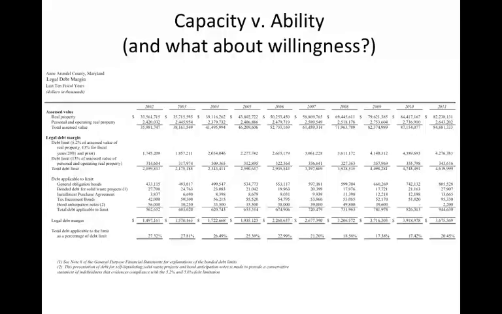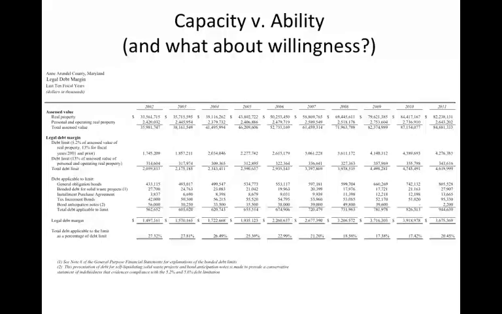I mentioned earlier that it's not sufficient just to look at capacity, to calculate these debt ratios that give you a sense of debt affordability or debt burden. You also need to confirm that the government has the legal authority to issue that debt.